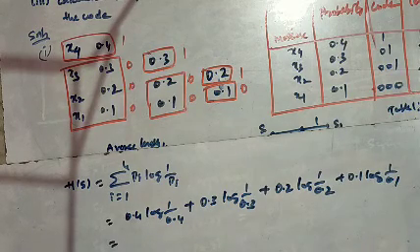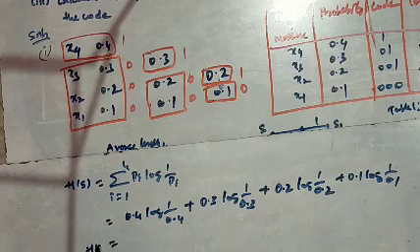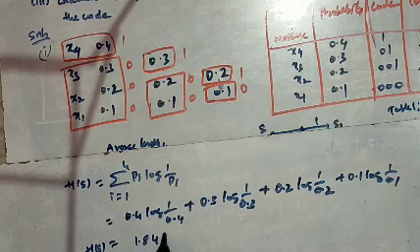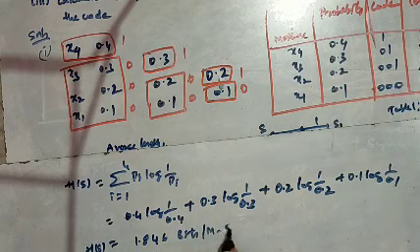The entropy H of S is 1.846 bits per message symbol.